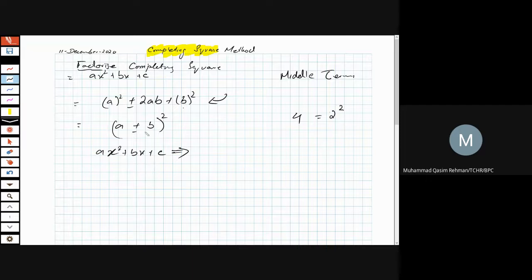So I will be transforming the given quadratic expression into this particular format, which was basically the expanded form of the first identity. When we have the expanded form like this, a squared plus 2ab plus b squared, the factors would always be a plus b whole squared.